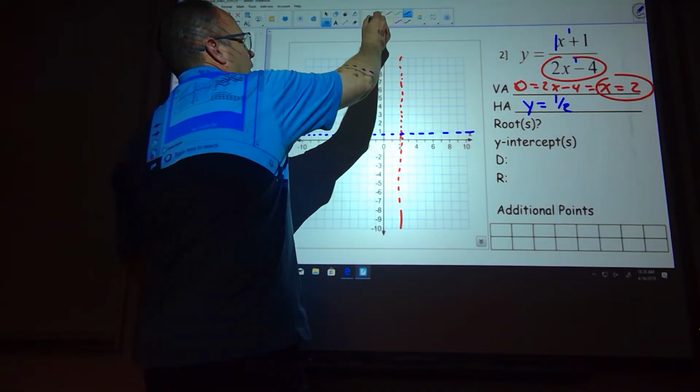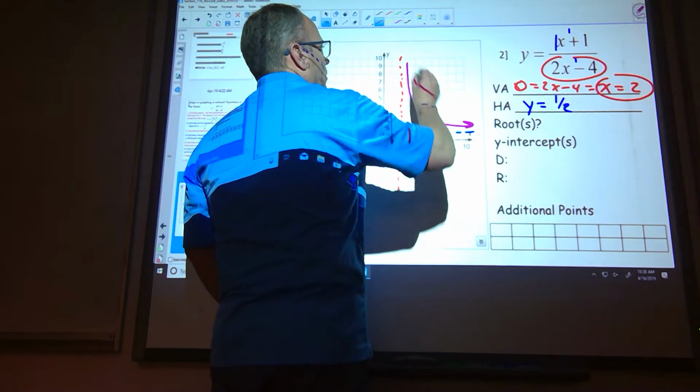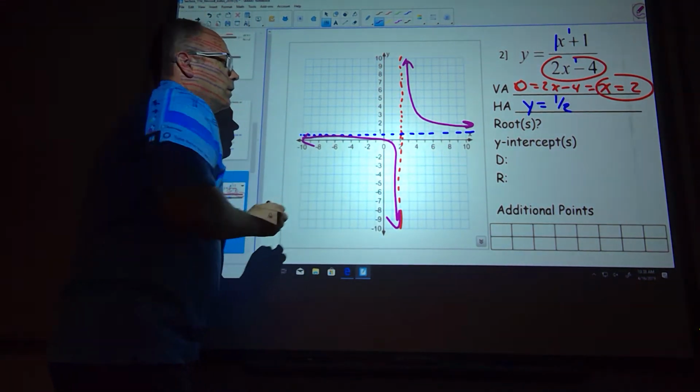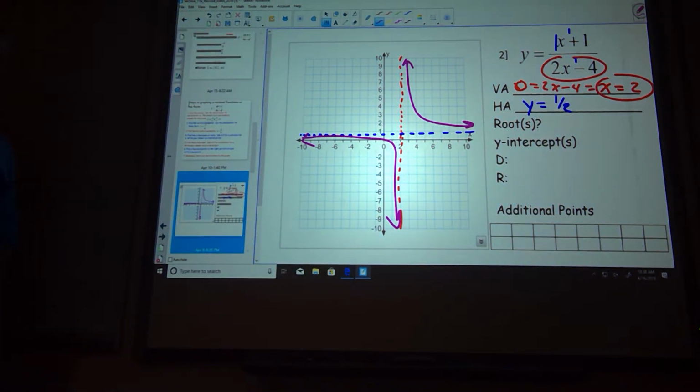My graph is still going to look something like this. Because the line had shifted up because of my horizontal asymptote, it is going to have a root. Because it shifted to the right, setting the denominator equal to 0, it will have where it crosses the x-axis.